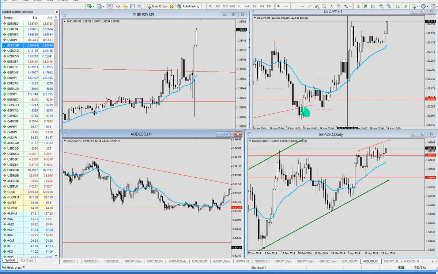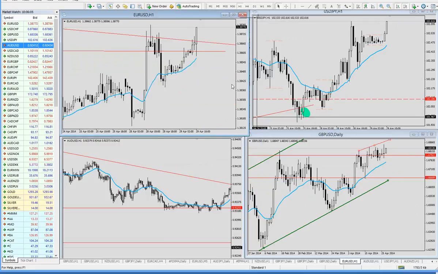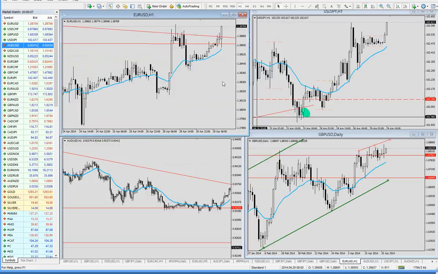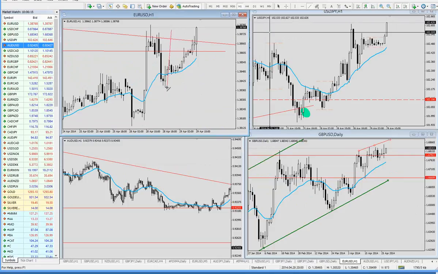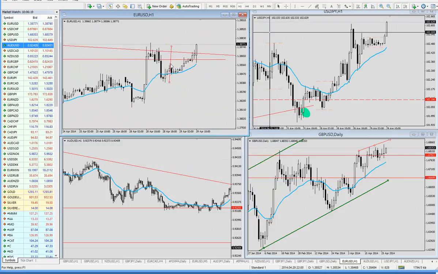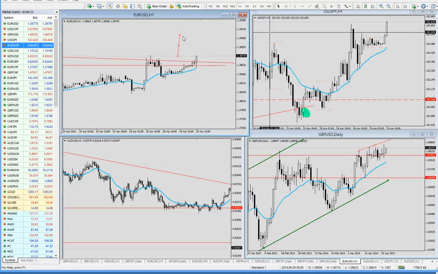So yeah. Anyway, if we are going to be stopped out here on euro dollar, we can expect a move towards our other selling area, right? 39.20, this daily supply level.